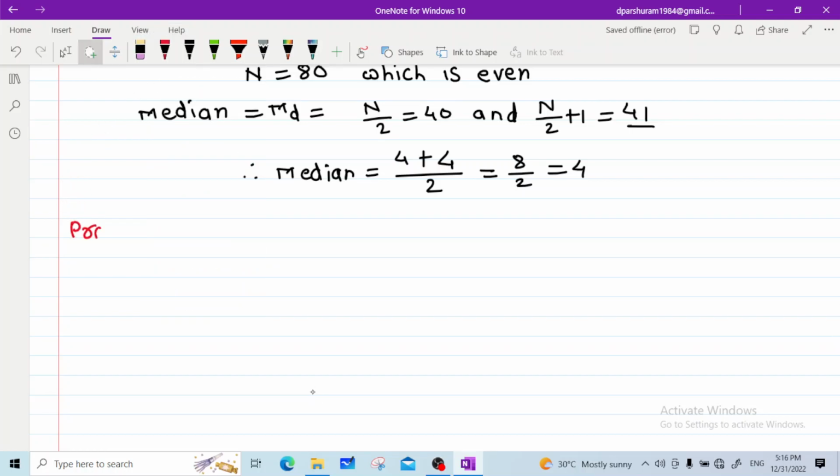Next example. For the following frequency distribution of x, find the median, xi and fi.